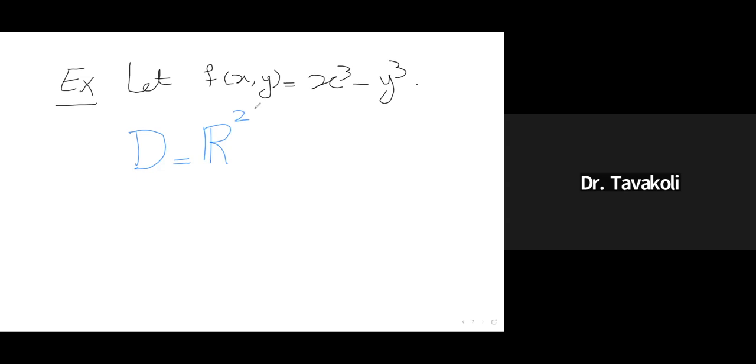R2 is the entire plane. So this R2 means all points in the XY plane. So sometimes the domain is everywhere.